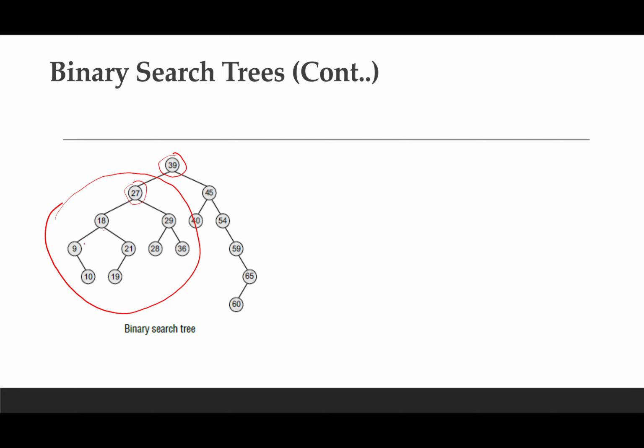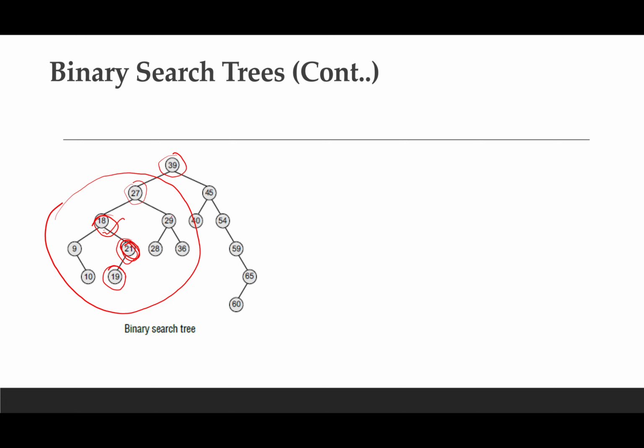Left of 18 is 9, less than 18. The right of 9 is greater than 9. Here 21 is greater than its root 18. Then 19 is less than 21 and at the same time greater than 18.